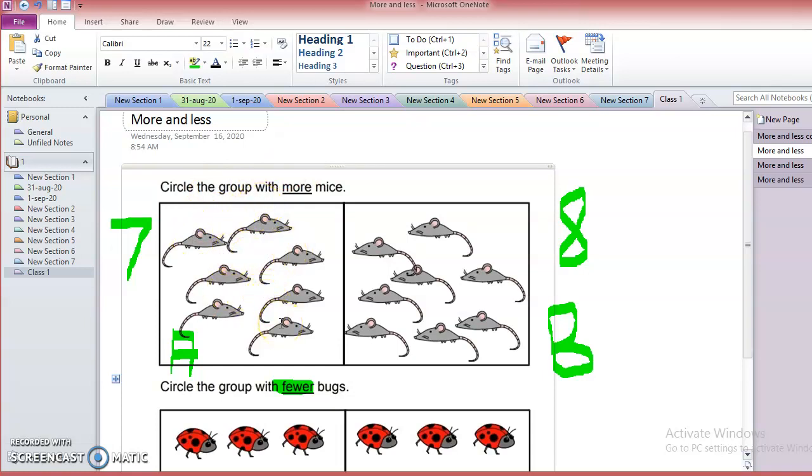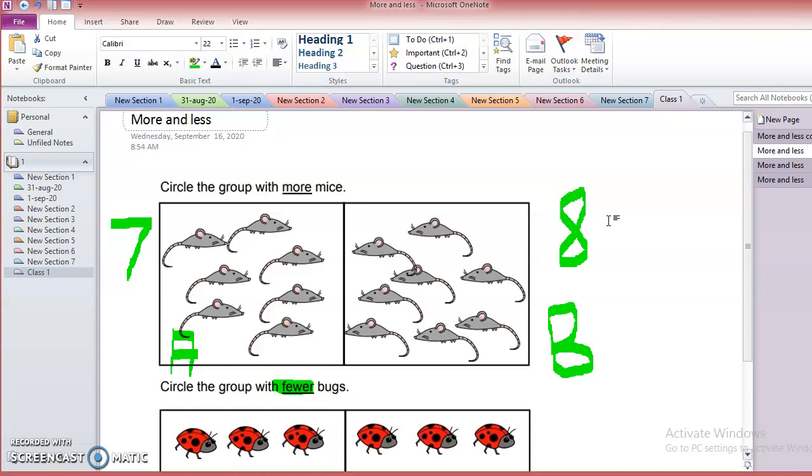Group A is having 7 mice, whereas B is having 1, 2, 3, 4, 5, 6, 7 and 8. Group B is having 8 mice.